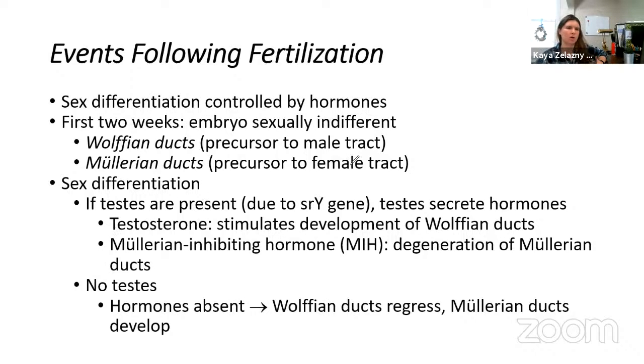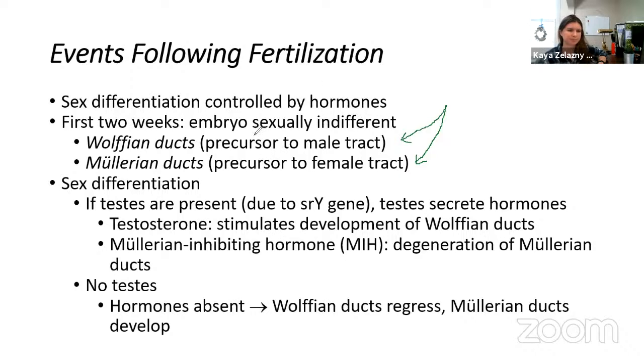So the testosterone and the Müllerian inhibiting hormone are going to act on two structures that exist in the embryo already, that exist in every embryo, male or female. These are called the Wolffian ducts and the Müllerian ducts, and we're going to look at them in a second. But they're basically two parallel pathways that through the course of development are going to lead to either a male reproductive tract or a female reproductive tract.